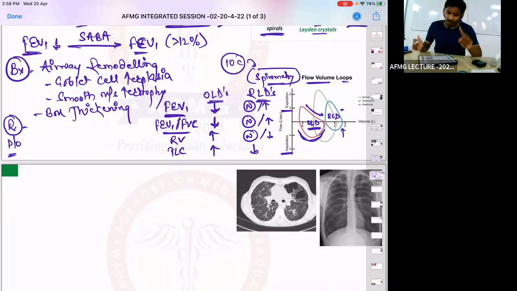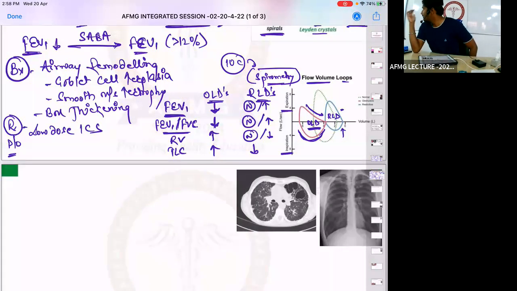Please remember, for prophylaxis, the drug of choice would be low dose inhaled corticosteroids. The drug of choice for maintenance of asthma is inhaled corticosteroids.